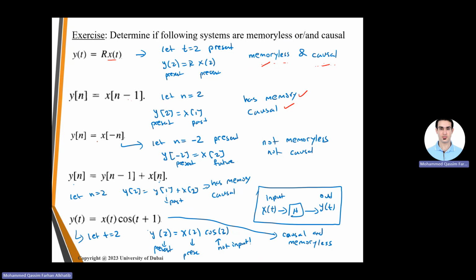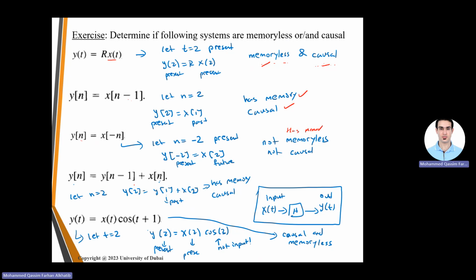No, it has memory, sorry, because it relies on some past value, but it's not causal. So not memoryless, has memory. Substitute 1, x of negative 1. So it depends on a point in the past. So it has memory, so not memoryless. And it relies on the future, so it is not causal.